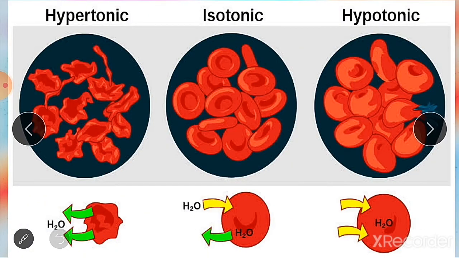The circular biconcave non-nucleated red blood cells, or RBCs, are seen in drop A. In drop B RBCs appear swollen and they get hemolyzed, or they can be seen burst.